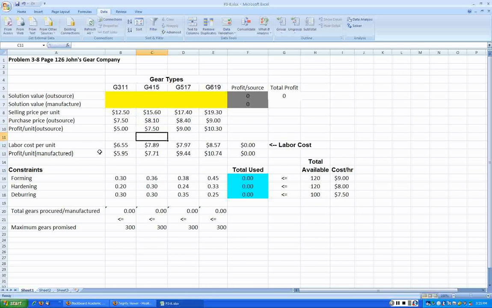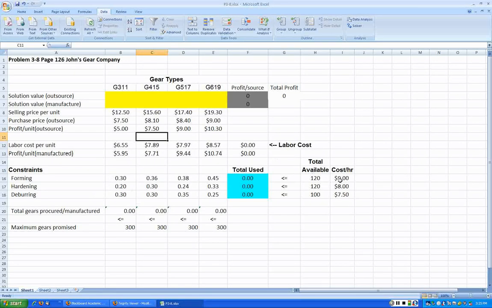Now, if you were to produce in-house, then it goes through the manufacturing process that consists of forming, hardening, and deburring. And this is the amount of time, for example, G311 takes. It takes 0.3 hours in forming, 0.2 hours in hardening, 0.3 hours of deburring.